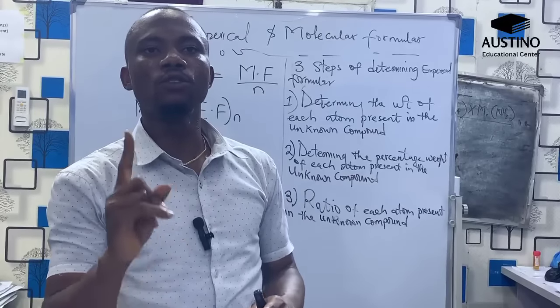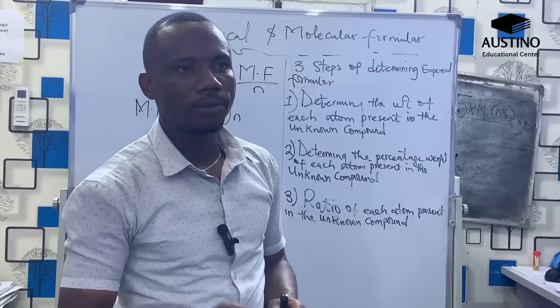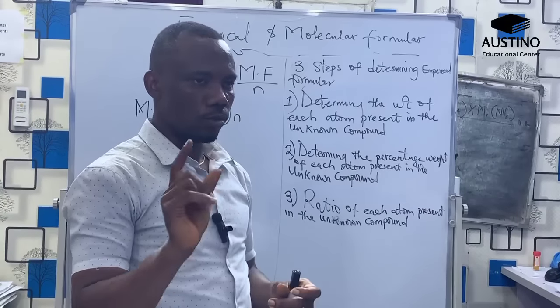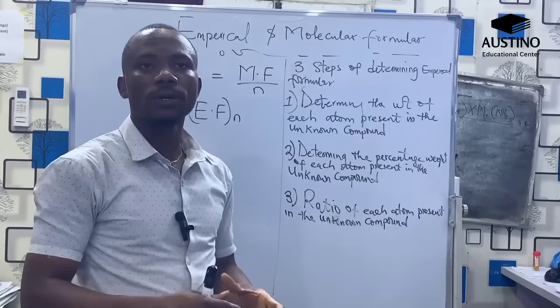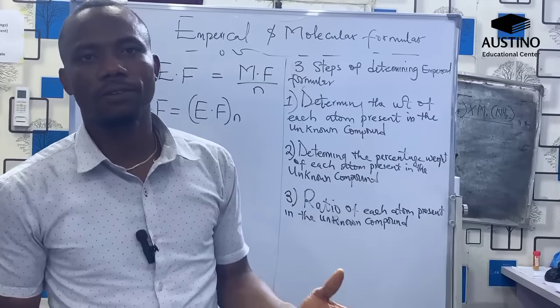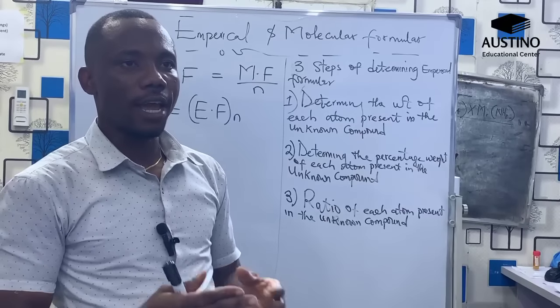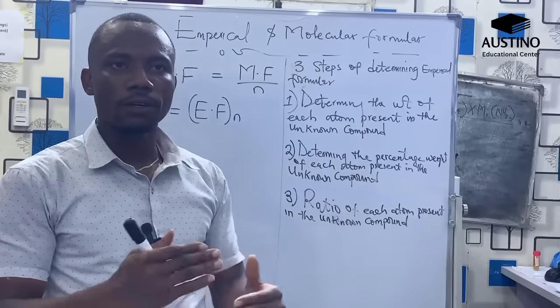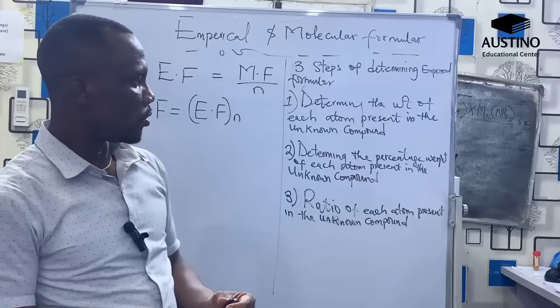That will follow the rules of rounding up and rounding down numbers. So you must be careful in dealing with your ratio, especially when it involves fractions. When fractions are involved, mind your rounding up and rounding down of numbers.